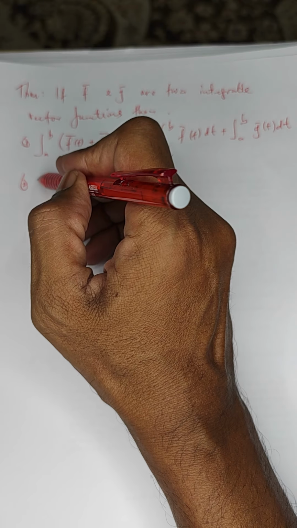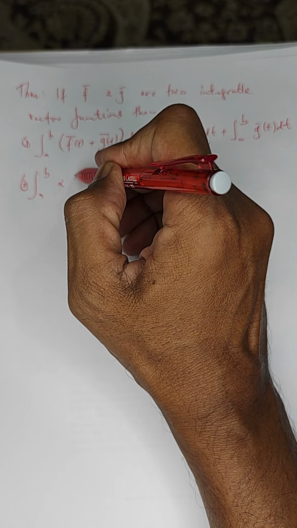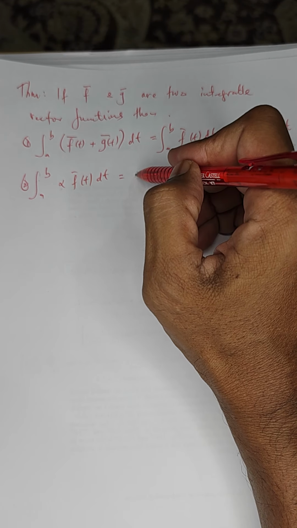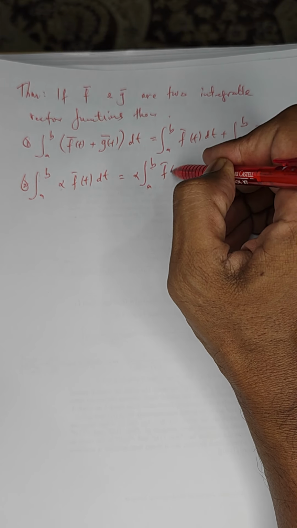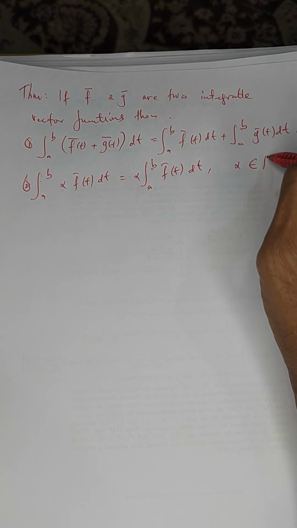Number two, if we integrate a to b alpha f(t) dt, this is just alpha times integral a to b f(t) dt, for any scalar alpha.